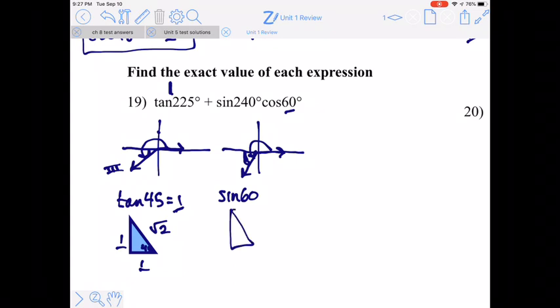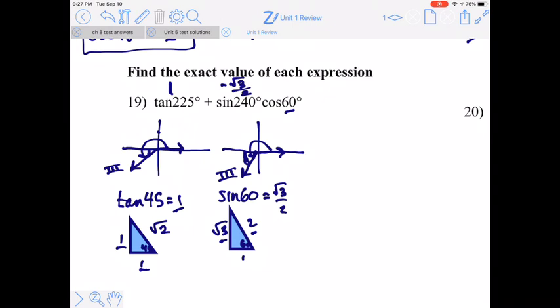Now, sine of 60 is opposite over hypotenuse. So the sine of 60 is square root of 3 over 2. And since we're in quadrant 3 and only tangent and cotangent are positive, this has got to become negative square root of 3 over 2.